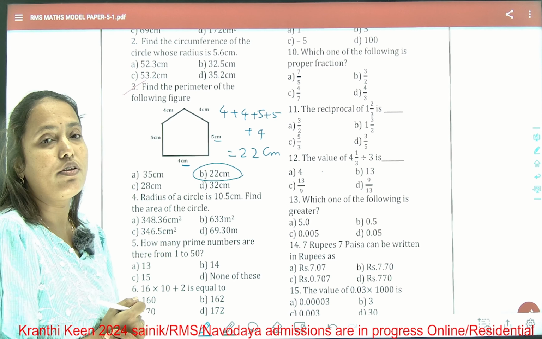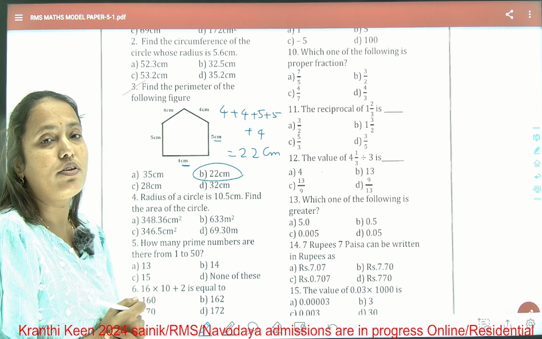Here, they asked the complementary angle of 63 degrees. Some of the students will take 180 minus 63 degrees, but complementary is 90 degrees. 90 degrees minus 63 equals 27 degrees. Here 27. And supplementary: 180 minus 105 is nothing but 75 degrees. The answer is 75 degrees. Okay.